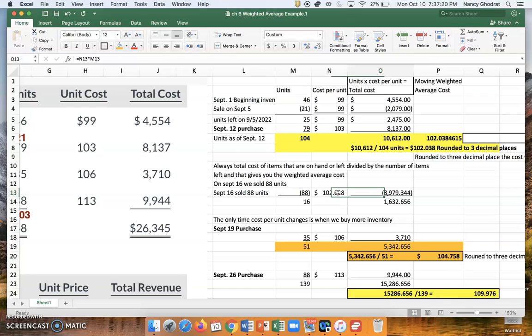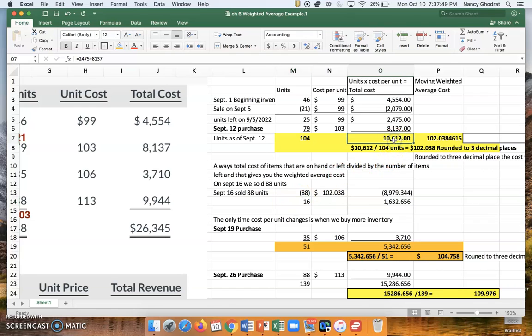So the total cost of the items sold, or cost of goods sold, for that day is $8,979 and almost 34 cents. So again, take the number of units that you had before, 104, minus the 88 that you sold. How many units are left as of September 16 after the sale? 16 units.